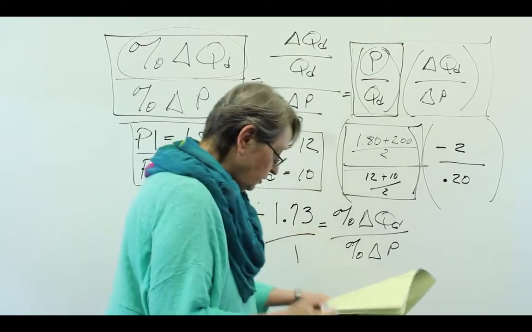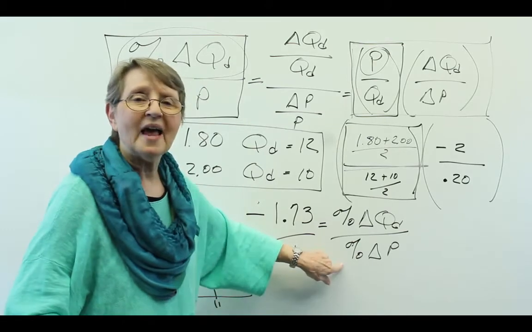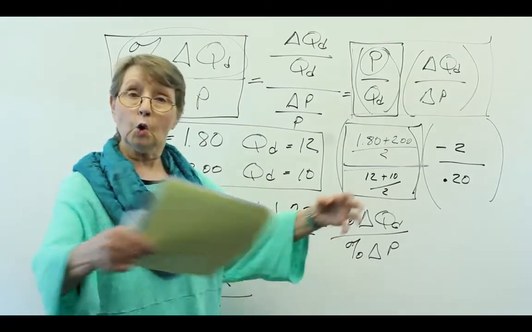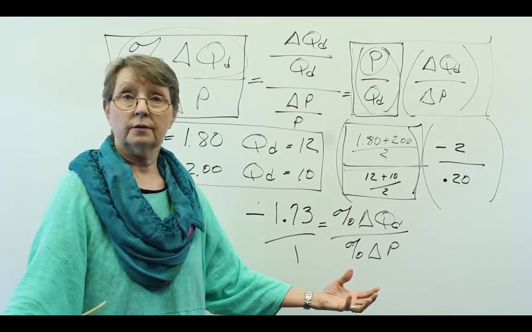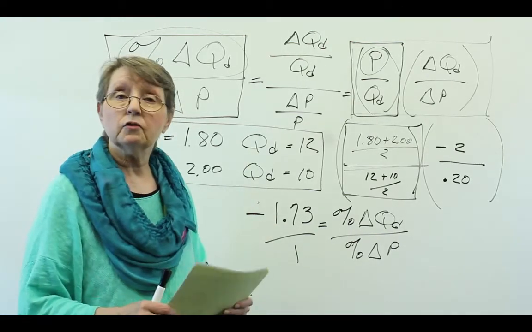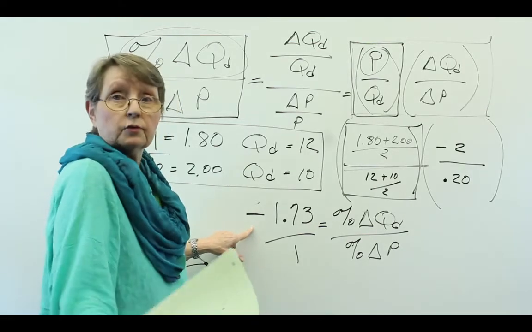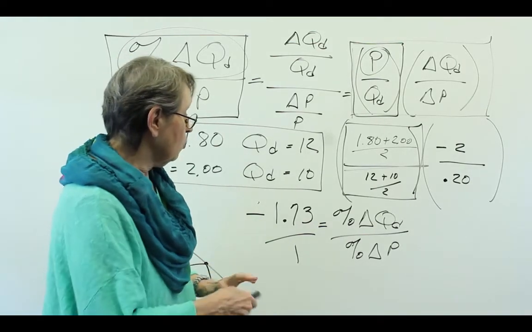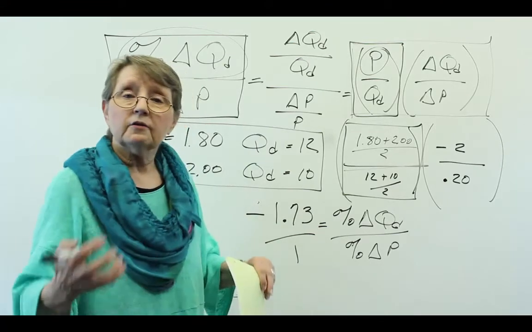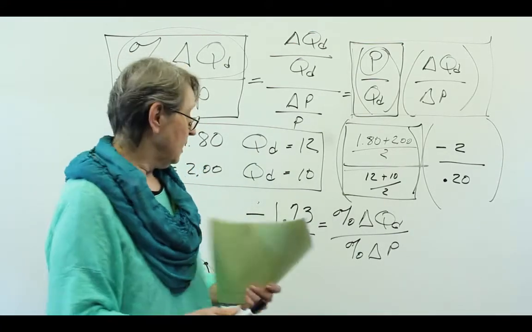So what this is saying is, if you change price by 1%, you're going to get more than a 1% response in the change in quantity demanded. You're going to get a 1.73% change in quantity demanded, and obviously in the negative direction. And so what that tells us is that demand is relatively elastic.